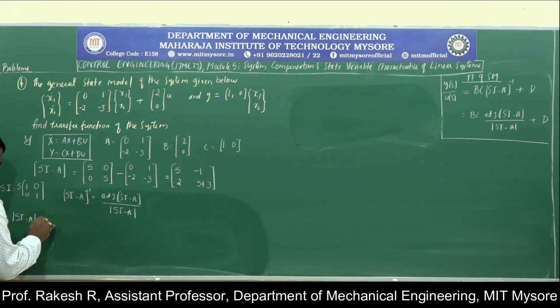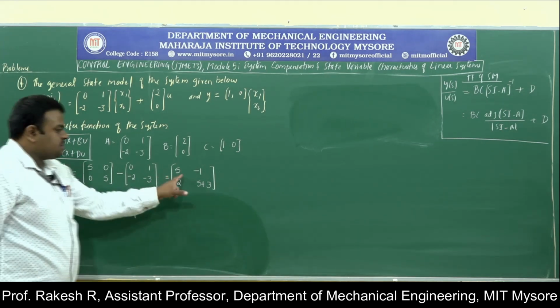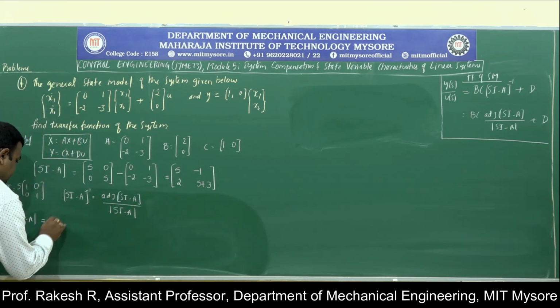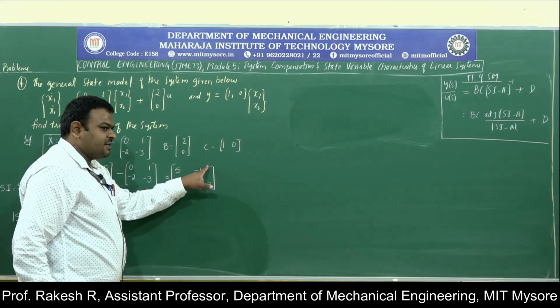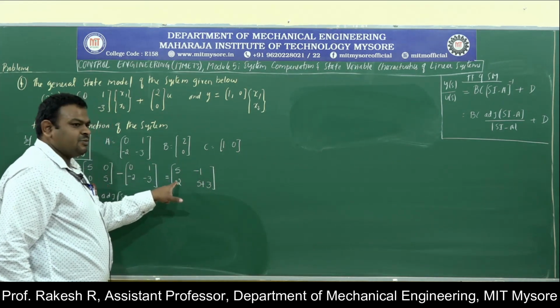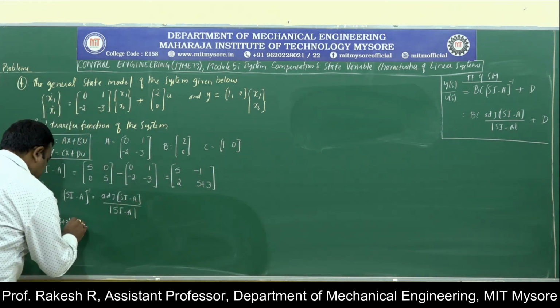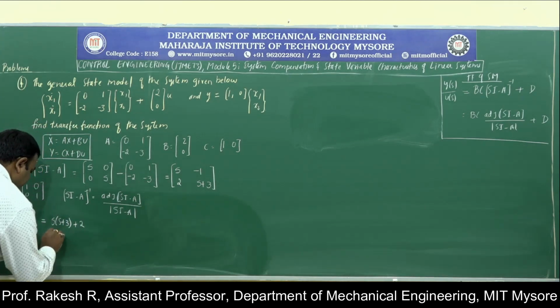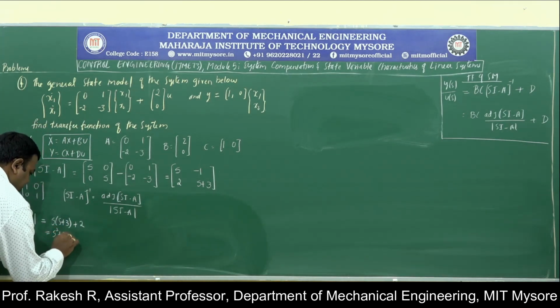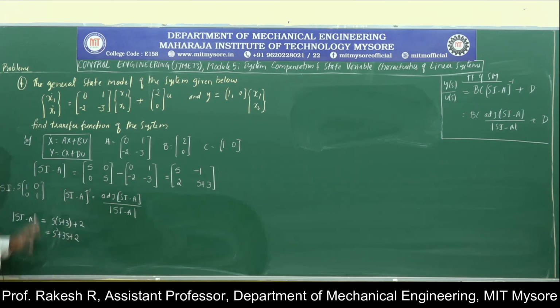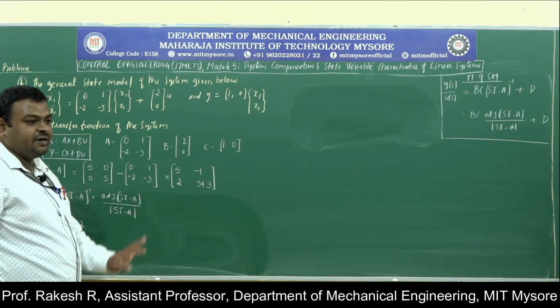Determinant of sI minus A will be equal to s into (s plus 3), and there is a minus here, minus 1 times 2, so it is plus 2. So it will be s square plus 3s plus 2. This is the determinant of sI minus A.